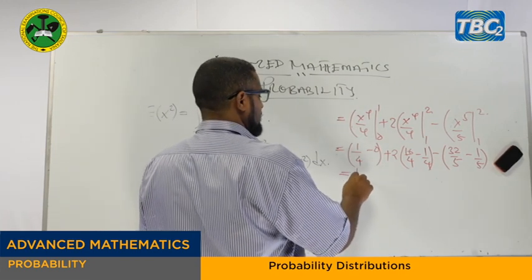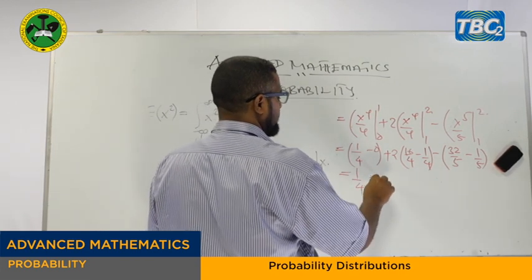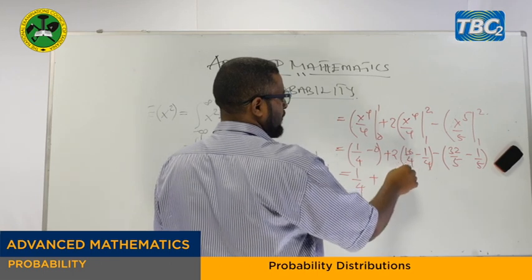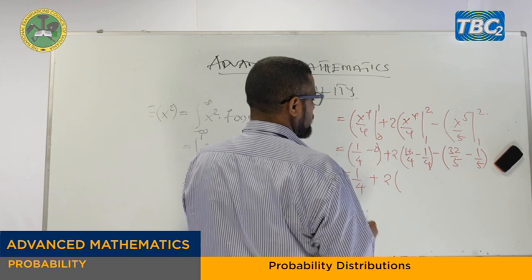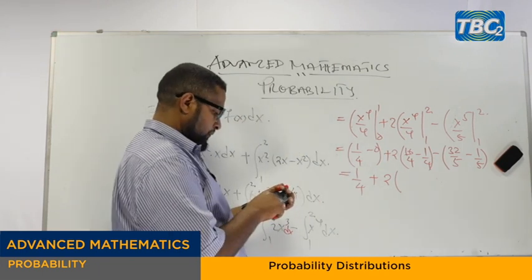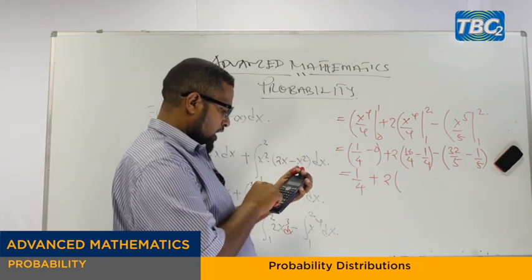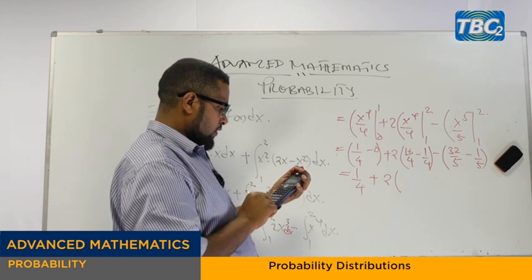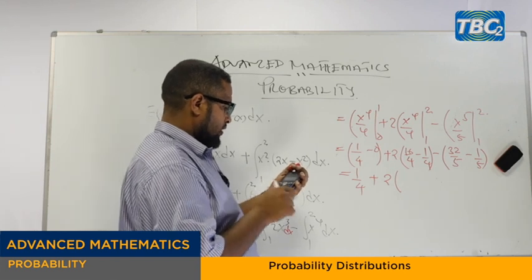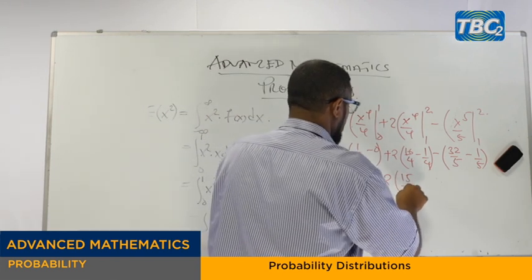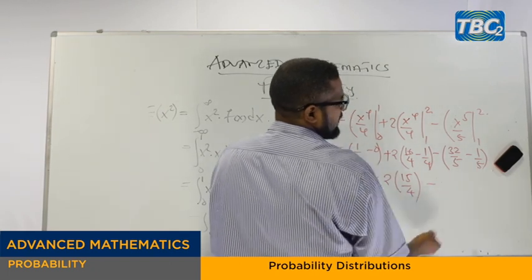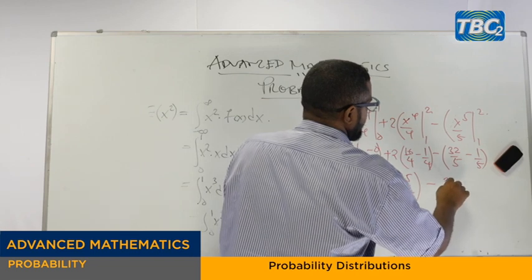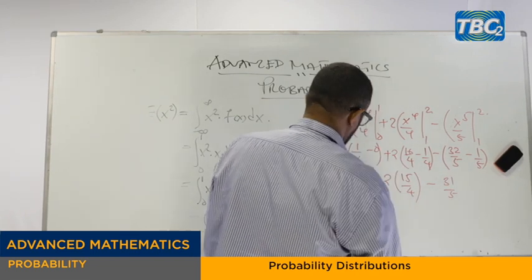Simplify, we have 1 over 4 plus 16 over 4 is 4. So when you take 4 minus 1 over 4, you get 15 over 4. Then minus again, because the denominator is the same, writing 31 over 5.